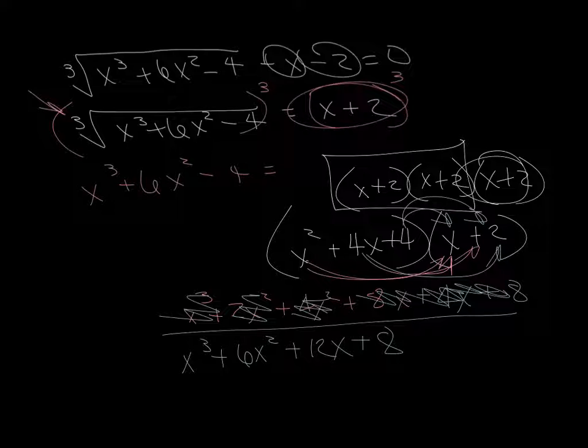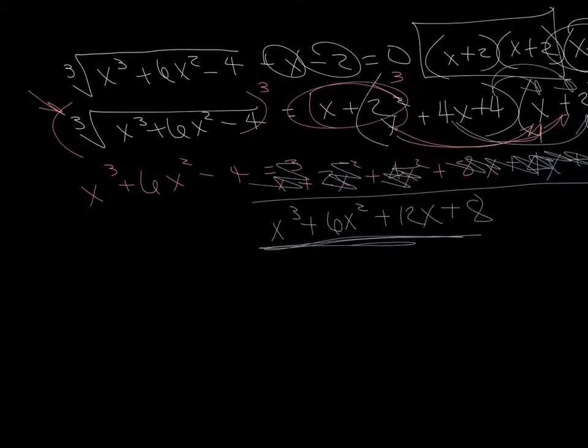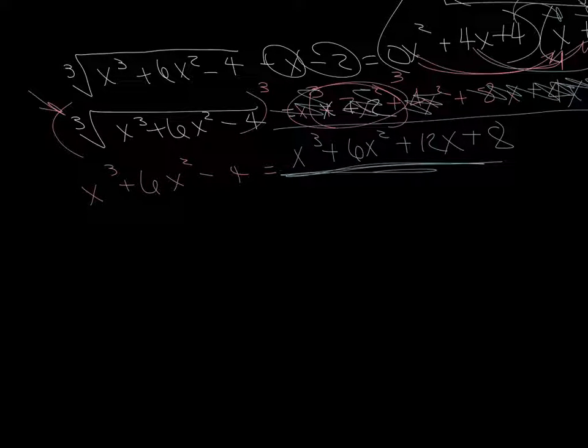Okay, so this right here is x plus 2, the quantity cubed. Alright, so I'm going to see if I can get rid of a bunch of the stuff here that's in my way. How's that? So this here is the answer of x plus 2, the quantity cubed.